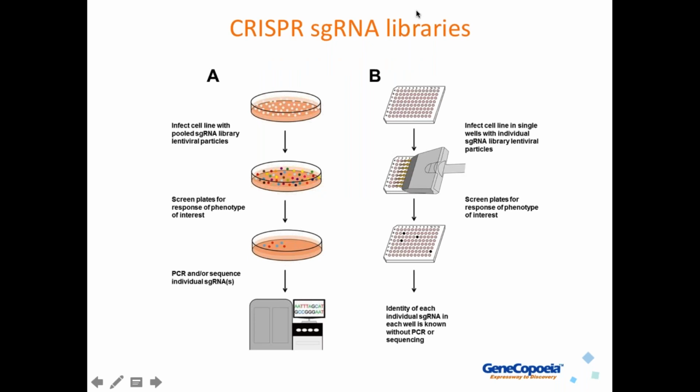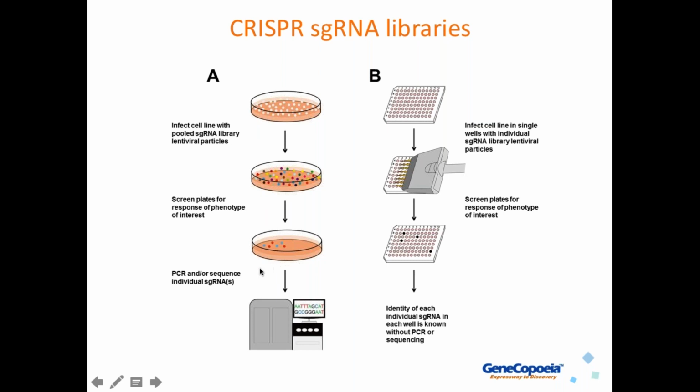So how are CRISPR single guide RNAs used? Well, they're often used in one of two general ways. One is to infect a cell line with pooled single guide RNA lentiviral particles, and then you screen the plates for response or phenotype of interest.